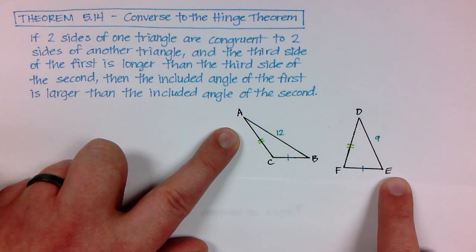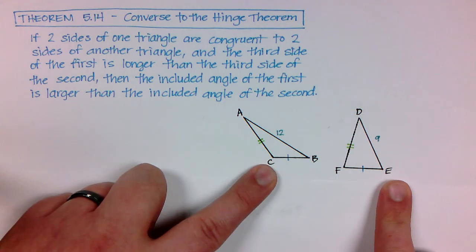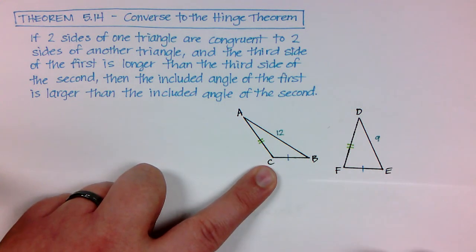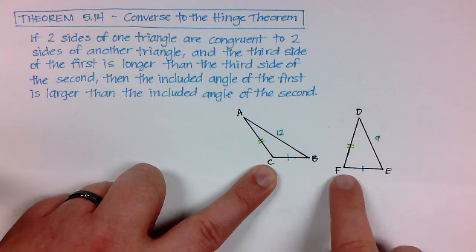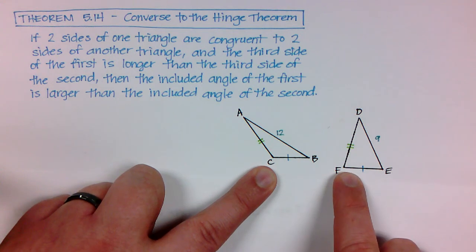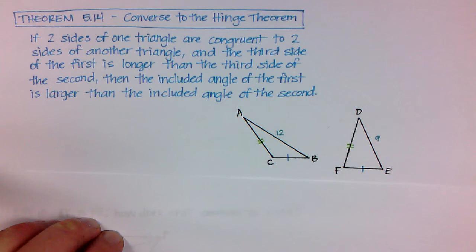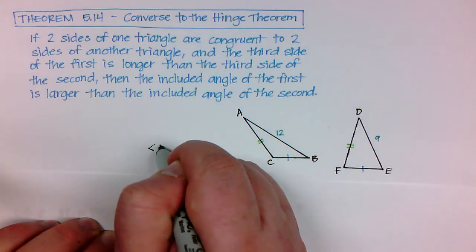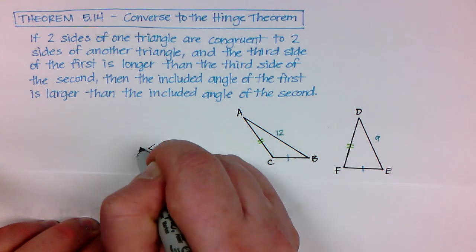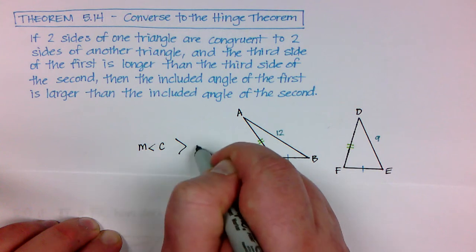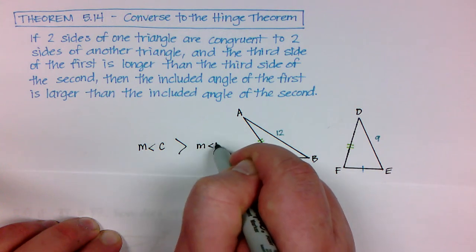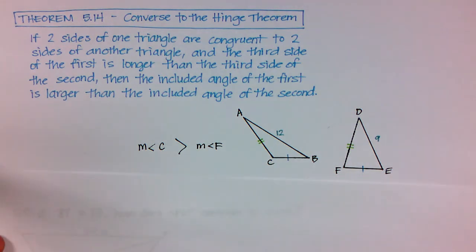If that's the case, then the included angle of the first is going to be larger than the included angle of the second. So that means that angle C is going to be greater than the measure of angle F. That's the conclusion that we're going to make from this converse.